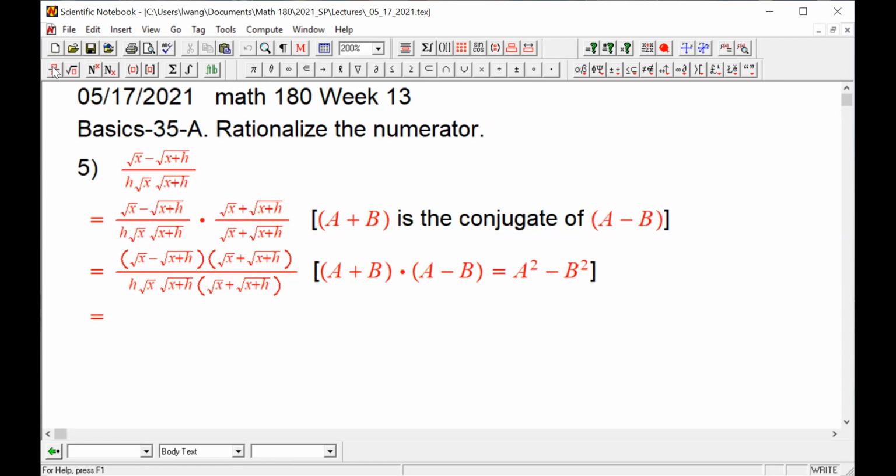We're going to apply a squared minus b squared, so a minus b times a plus b. What we'll have is the square root of x, that's the capital A, squared, minus capital B, which is the square root of x plus h, and that's been squared.